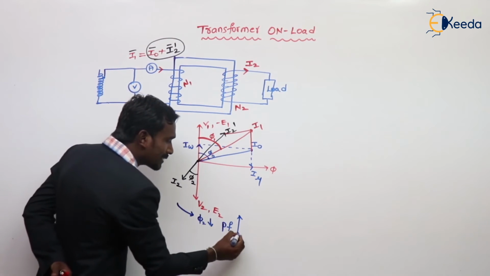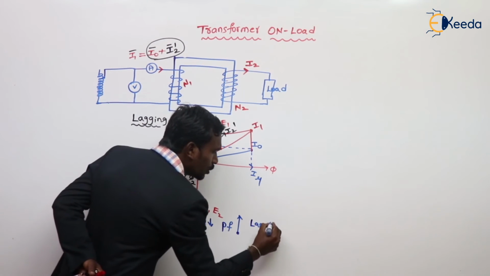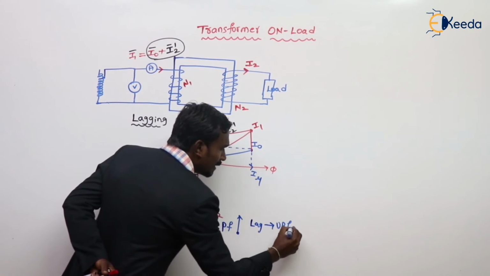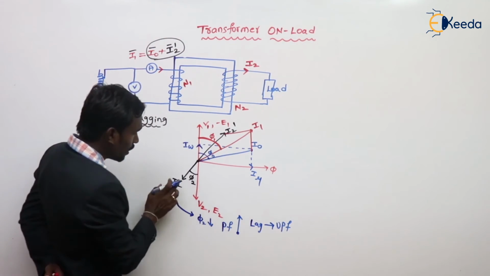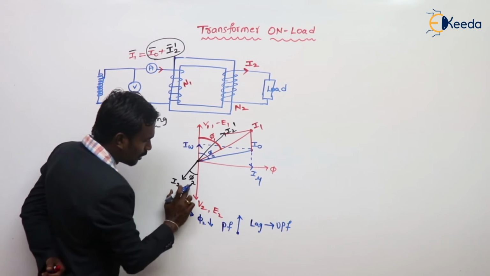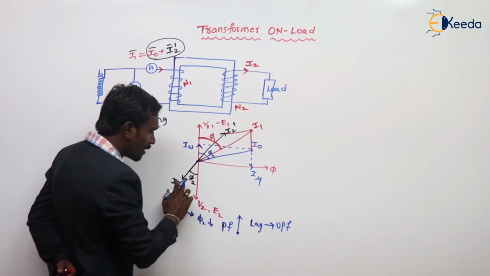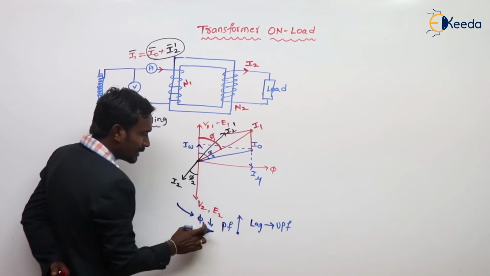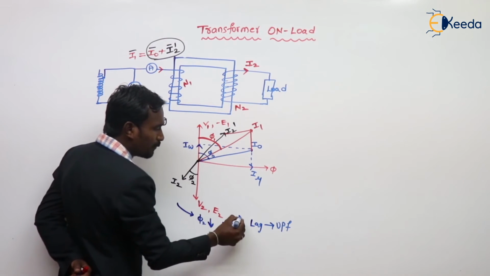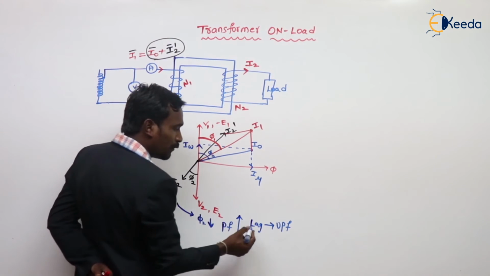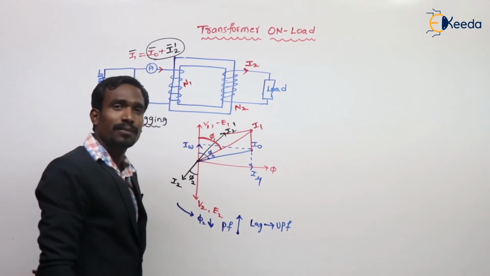If the power factor increases, it goes from lagging toward the unity power factor. If this vector comes like this, phi 2 decreases. If phi 2 decreases, the power factor increases, from lagging load toward unity power factor.